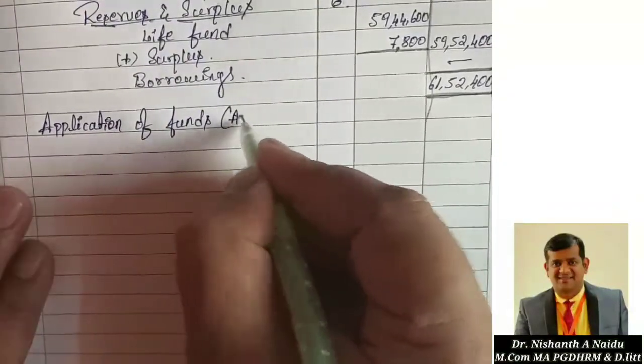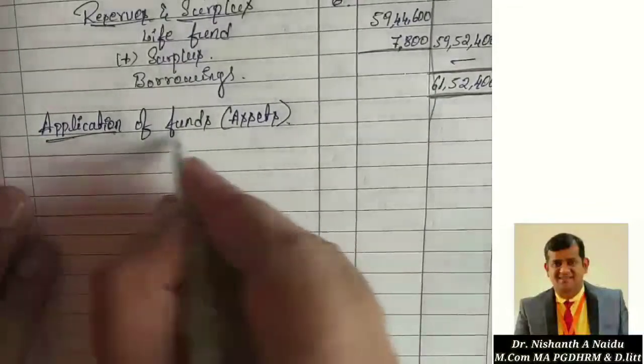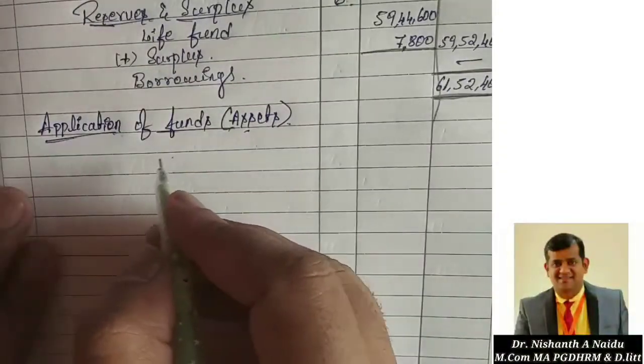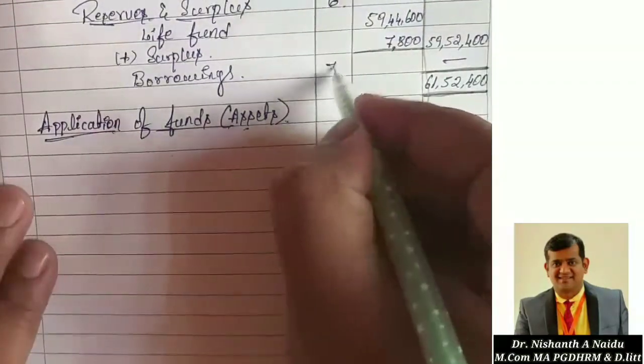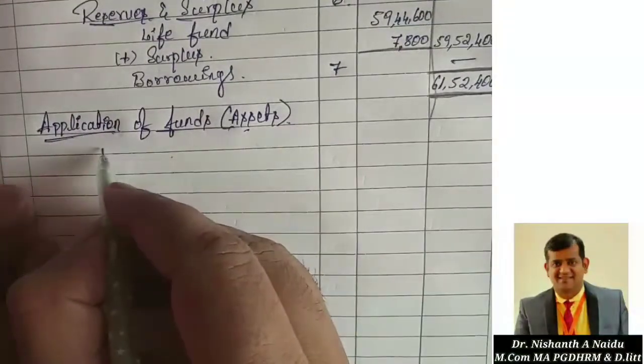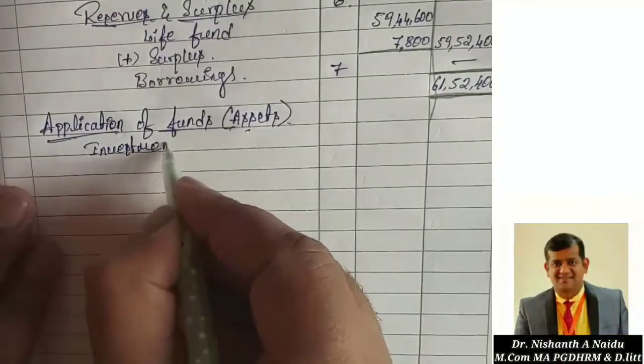This is nothing but assets. Okay, so under application of funds, first one you have what? Borrowings is 7, I had forgotten. So next is 8, that is going to be investments.